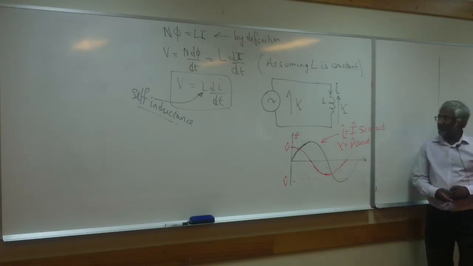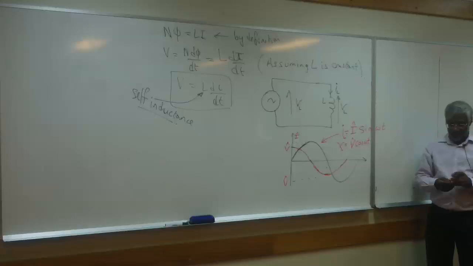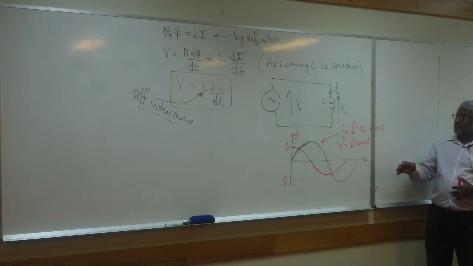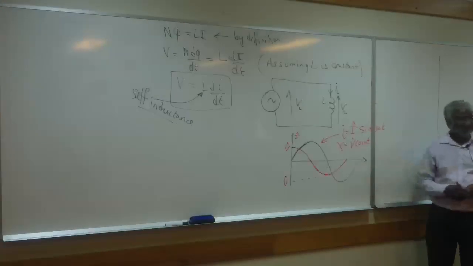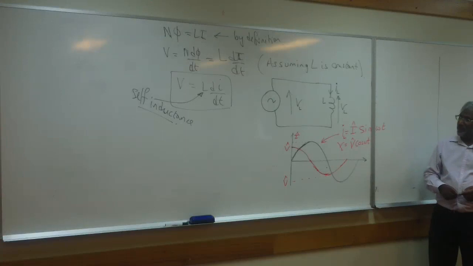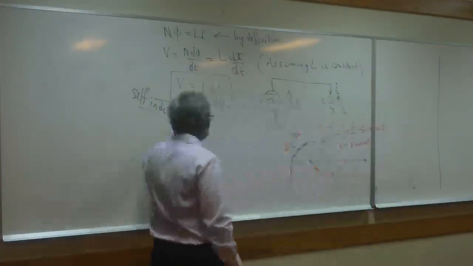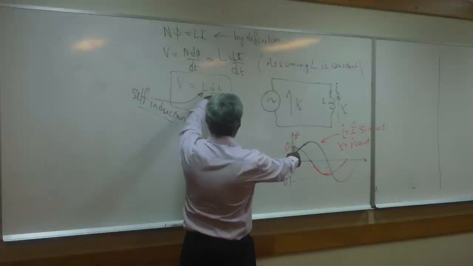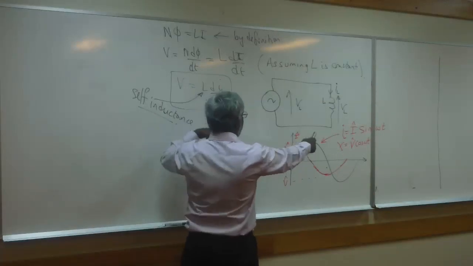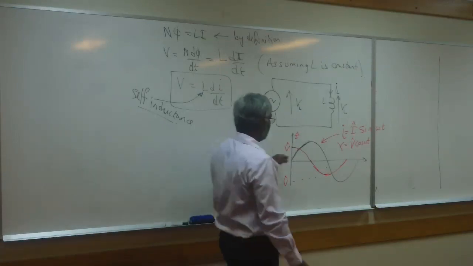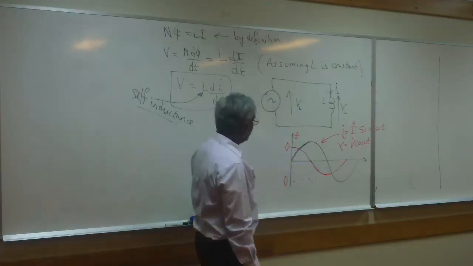So the current is a sine, the voltage is a cos. So in the case of inductance, voltage leads current by 90 degrees. And you can see this happening there. And that's consistent with this equation, where the differential of sine is cos. Cosine leads sine by 90 degrees.